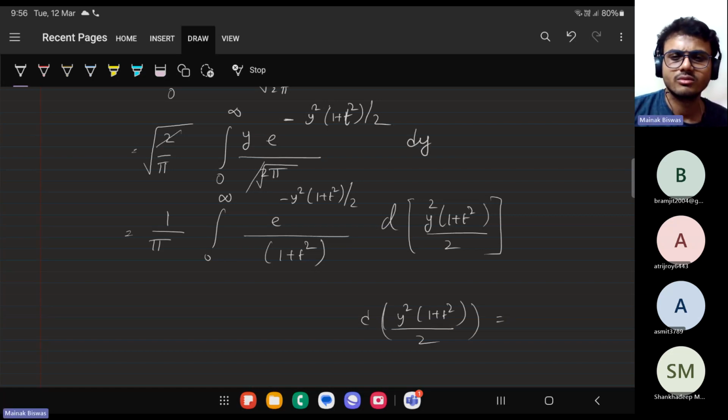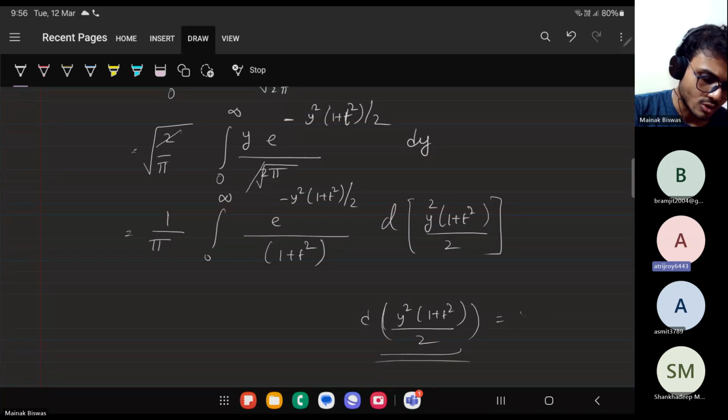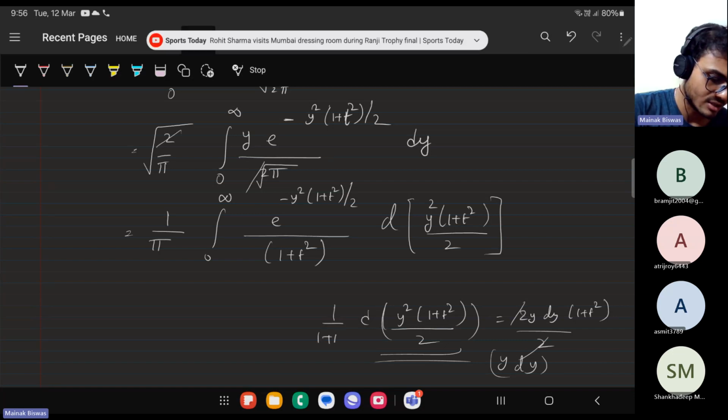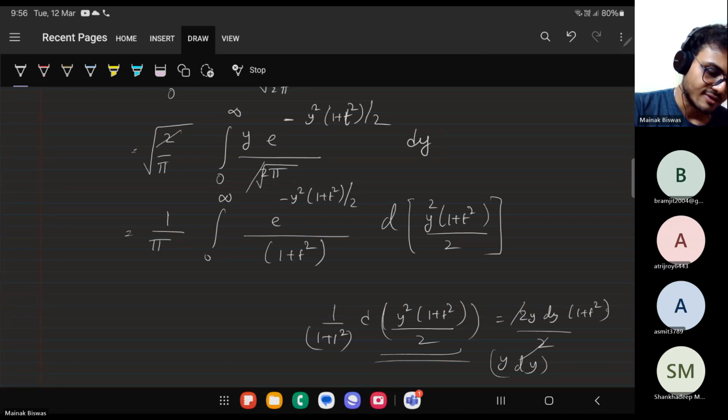Understood. Now, what is the value of this derivative? It is 2y dy (1 plus t square) by 2, so this is equal to y dy into (1 plus t square). That's why I had divided this by 1 plus t square, right? Understood? Good.